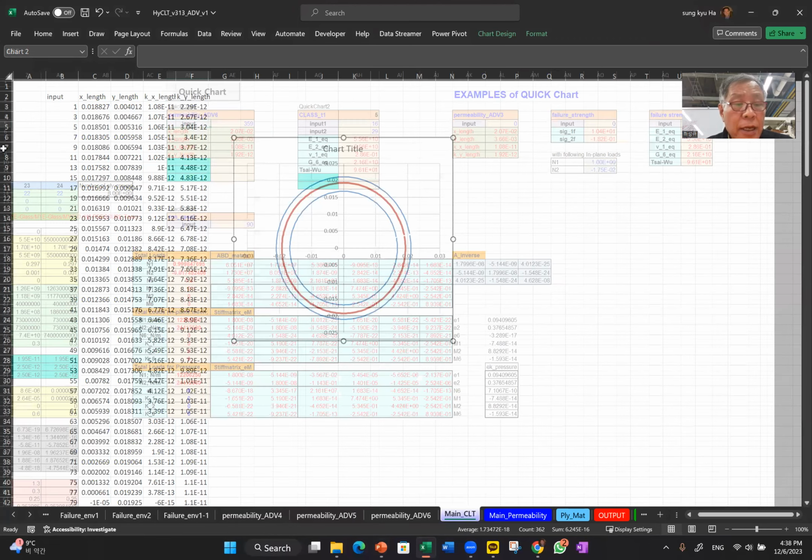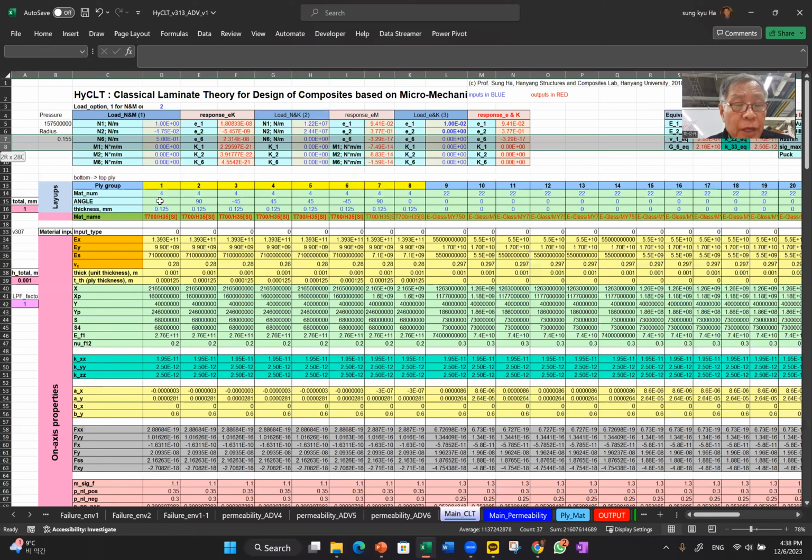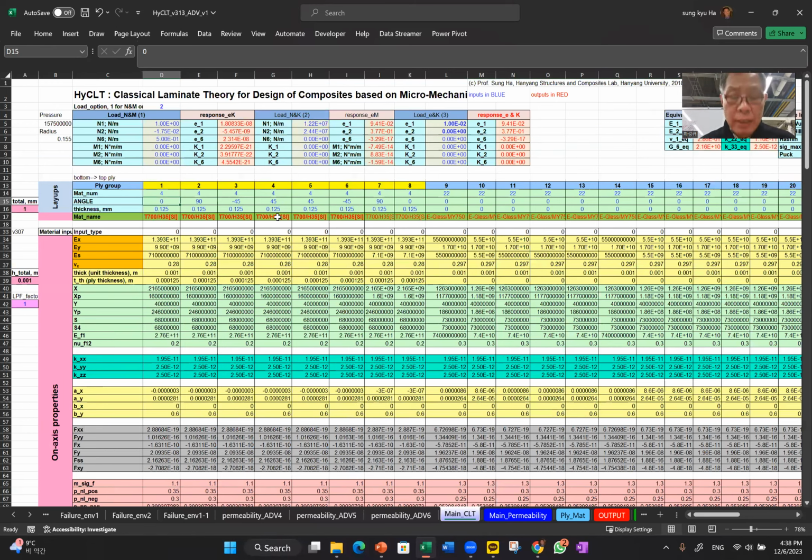Let's say we simply change the layup sequence, like simply 45 and minus 45, a biaxial. Or, to be clearer, let's try 60, plus minus 60 biaxial, and show what the flow line will be.